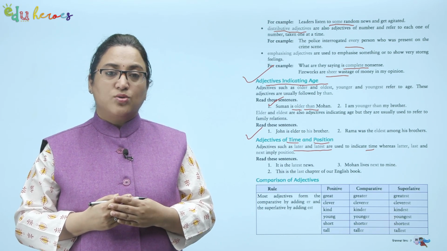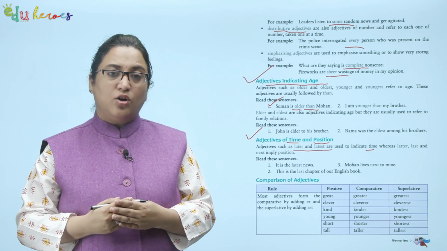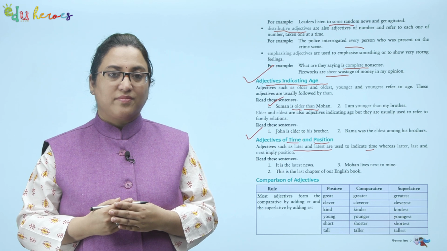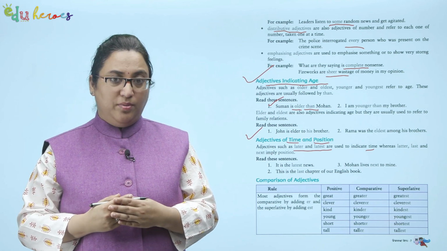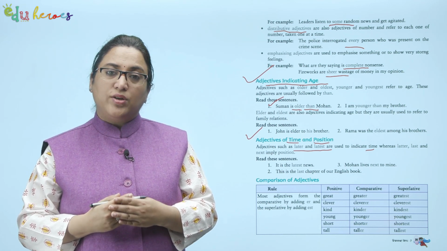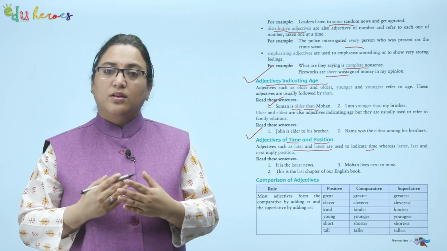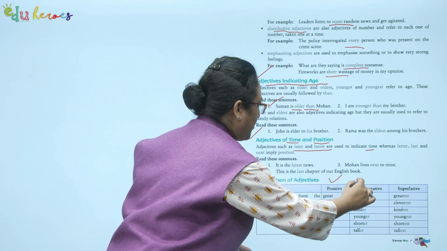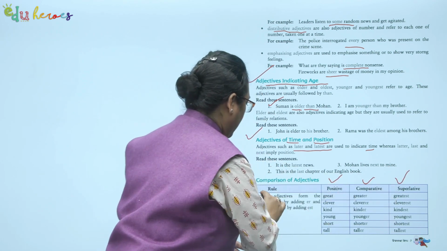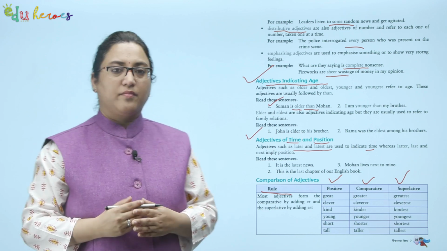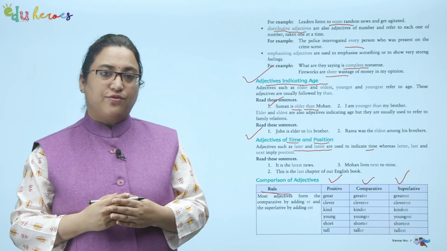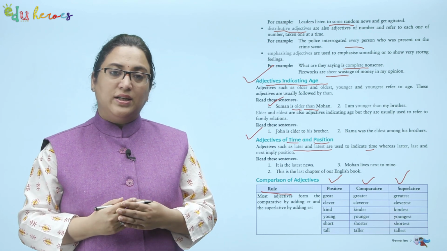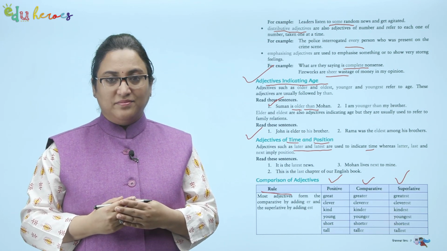We can also study about comparison of adjectives through some rules. Here is the table and you can see the 3 degrees: positive, comparative, superlative. 3 degrees of comparison, and we have rule number 1. Most adjectives form the comparative by adding er and the superlative by adding est.